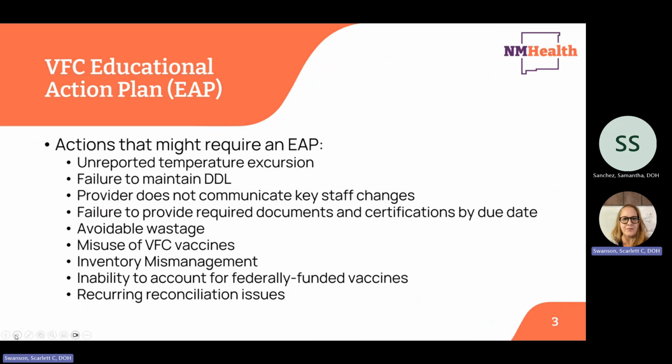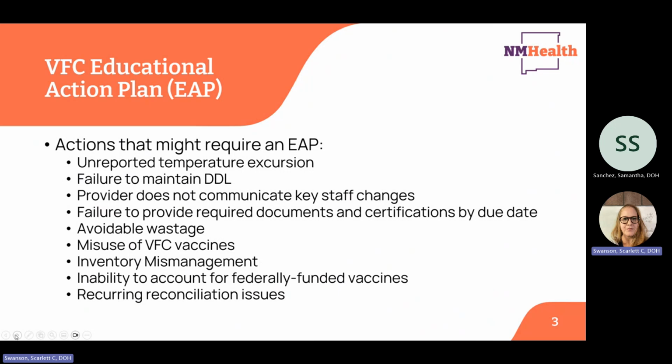I think that's pretty explanatory. Any avoidable wastage. So avoidable wastage, an example of that would be, say, you're having an outreach and you're going to be administering MMR at your outreach. So MMR is a live vaccine, and we know it's only good for 30 minutes after reconstitution.